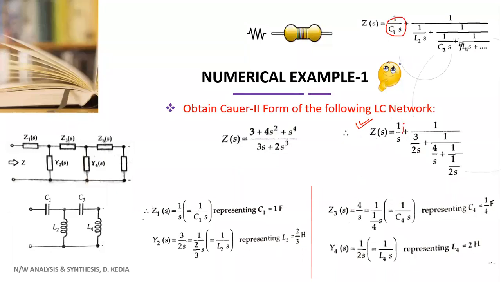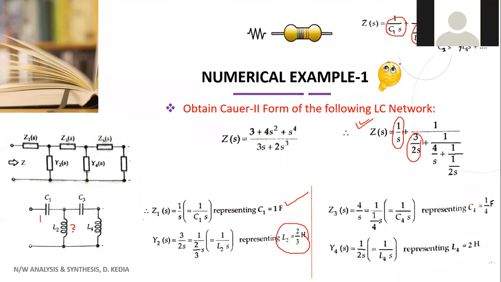So 1 by C1s is equal to 1 by s. It means C1 is 1, so your C1 is 1 farad. Then 1 by L2s is 3 by 2s. It means L2 is 2 by 3. So this value of L2 is 2 by 3.